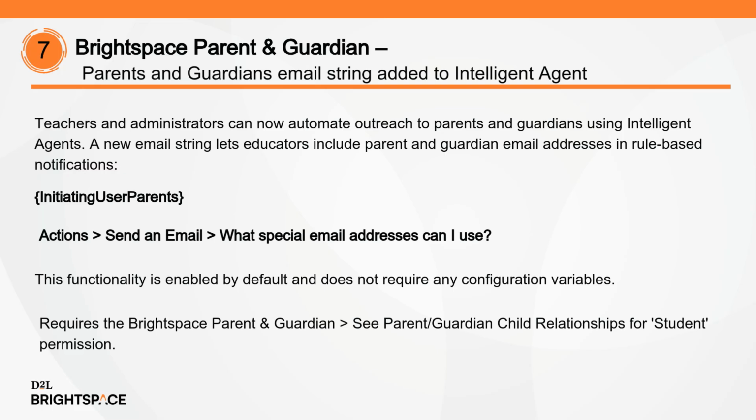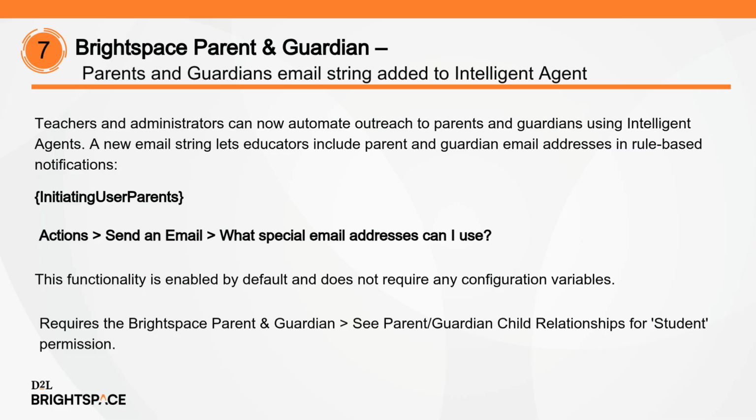Teachers and administrators can now automate outreach to parents and guardians using intelligent agents. A new email string, initiating user parents, lets educators include parent and guardian email addresses in rule-based notifications. This enables one-way automated messages about student activity or important updates sent directly to parents.